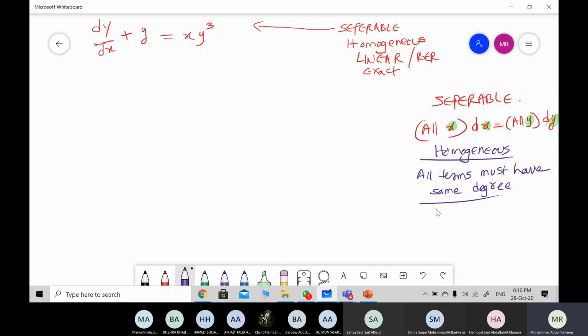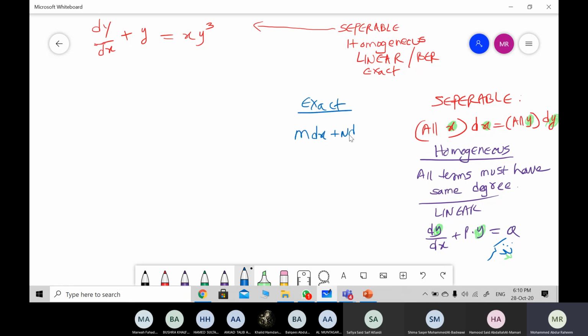And third, if we go for the linear, then the equation must be like this. I mean to say, and what is the procedure for solving? That also should be known, otherwise problem. Next was exact.